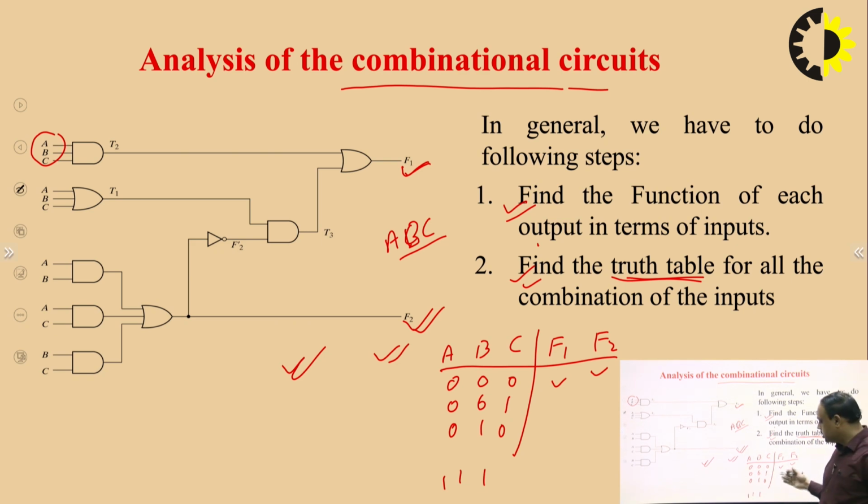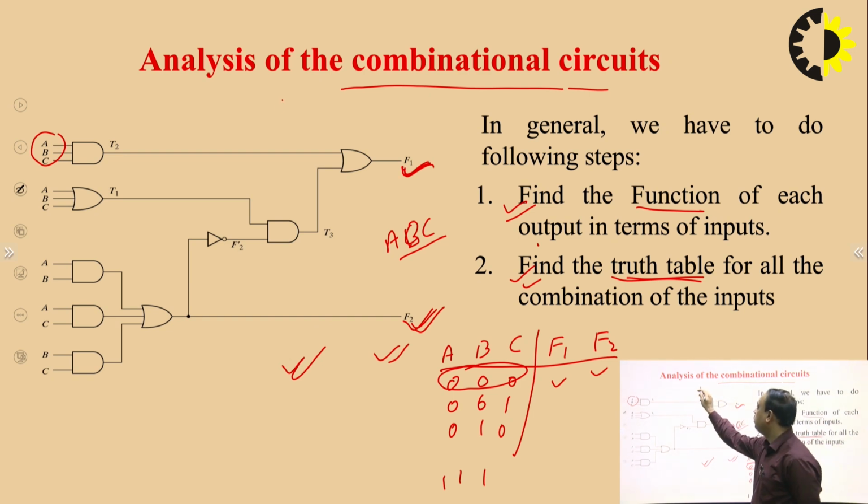To find the truth table, we have to generate the function at the outputs, and then in that function we put each time the value of the inputs A, B and C, and the corresponding outputs are written here. Take the example of producing function F1.